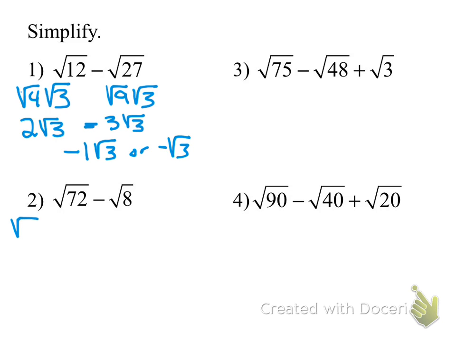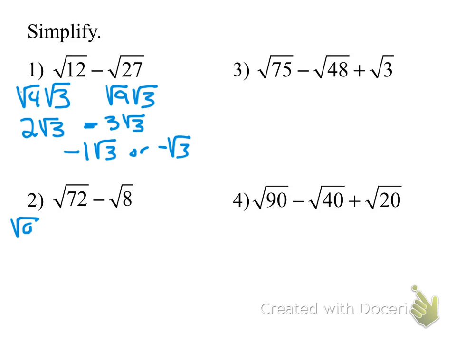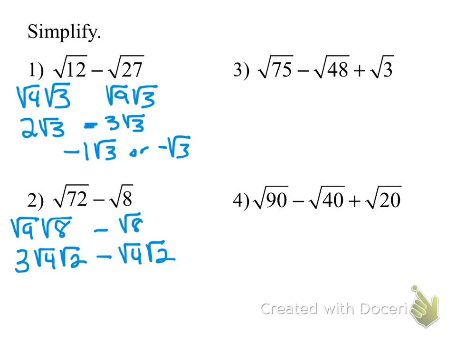72 is made up of square root of 9 times the square root of 8 minus the square root of 8. So square root of 9 is made up of 3 times 4 radical 2. Do you understand? Okay. Minus radical 4 radical 2.